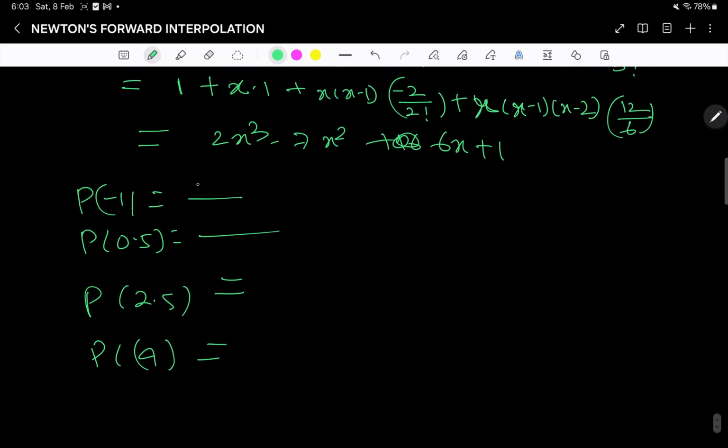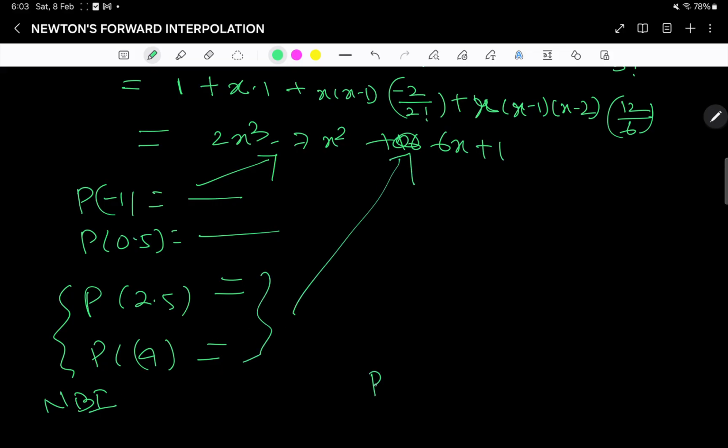Usually we should use Newton backward here, but this will also work because it is a polynomial. No much error will be there. Otherwise it needs Newton backward.